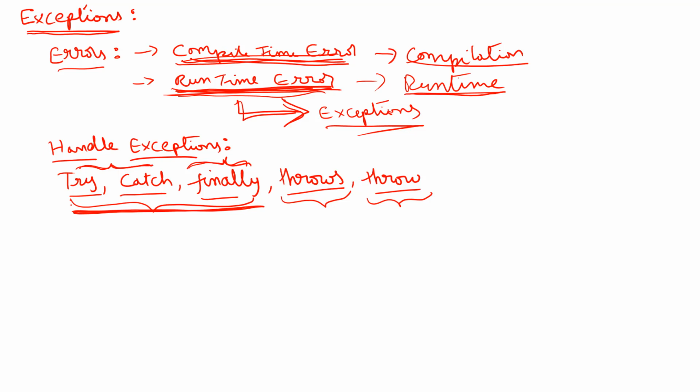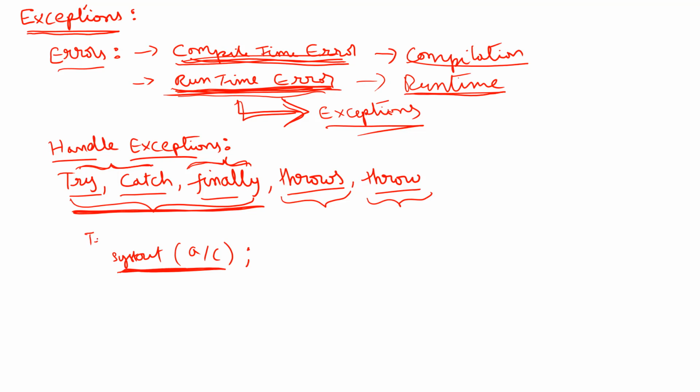In the previous program we have seen the code system.out.println of A by C, and we know that this is producing an error. So what we will do is we will keep this one in a try block.